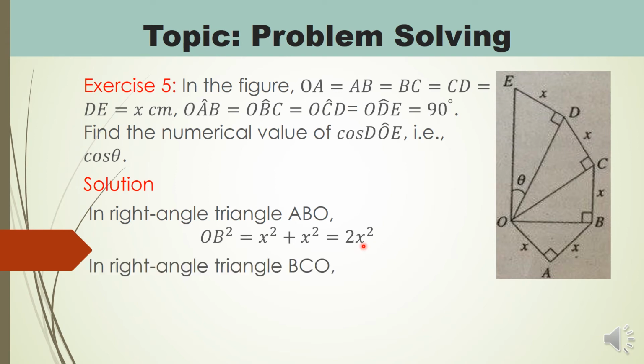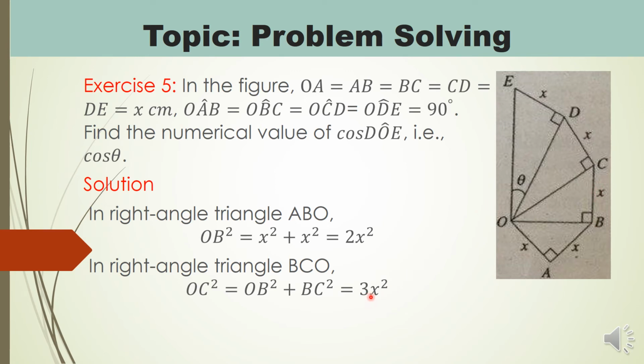Next, you can find OC square. Looking at the right triangle BCO, OC square equals OB square plus BC square. OB square is 2h square and BC square is h square, so the sum is 3h square.